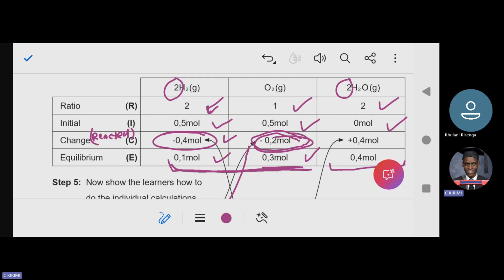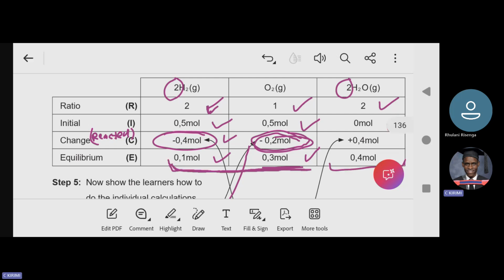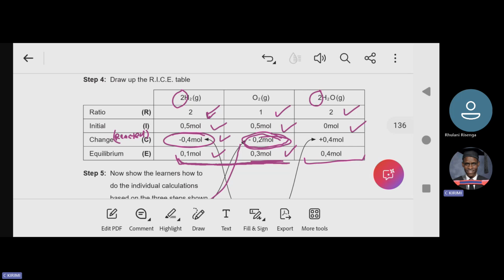You don't subtract on the right-hand side, you'll be adding that plus. That's why you're also getting a positive number of moles. Any questions there? So you work backwards with this table. Initially, how do they react in terms of ratio? 2:1:2, initial number of moles. The change, which means the number of moles that reacted, and what are the number of moles which are left at equilibrium.